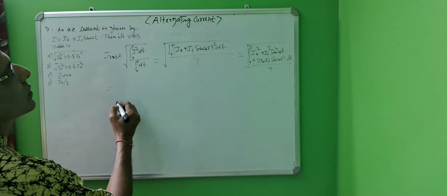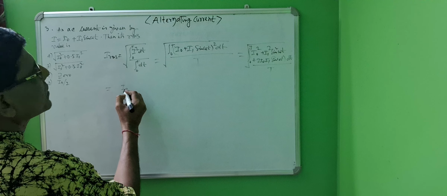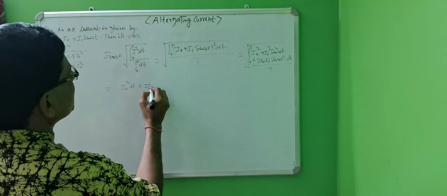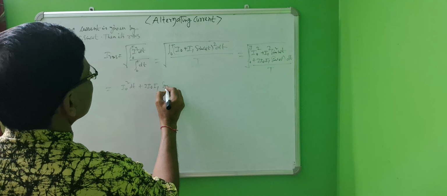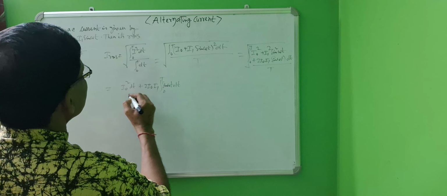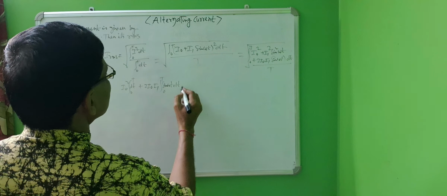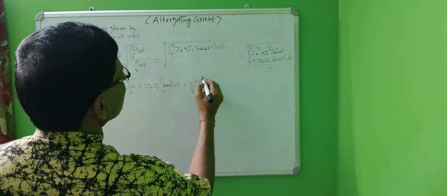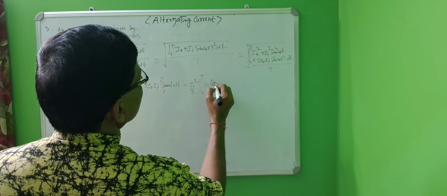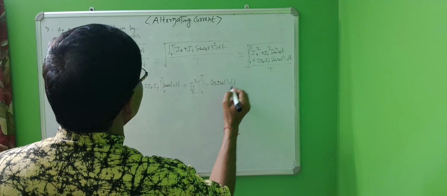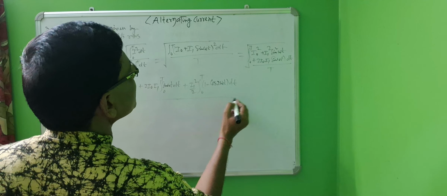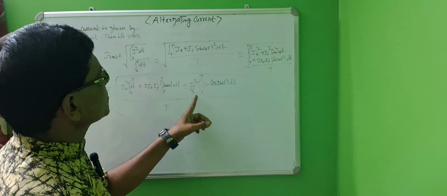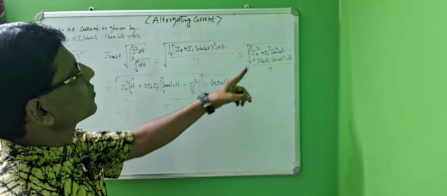So this one can be written as I0 square dt plus twice I0 I1 sine omega t dt plus I1 square by 2 dt, this divided by T. Because this is by 2, multiplying by 2 we get 2 sine square omega t.